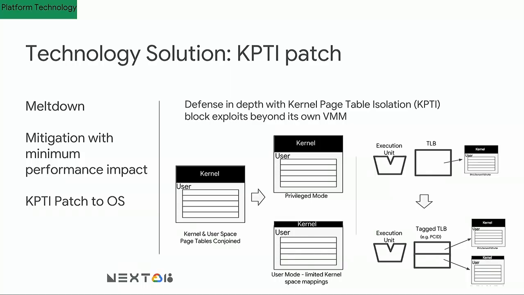So what we had to do is go ahead and take the hit to say, okay, well, we've been doing this single page table strategy in operating systems for decades for performance reasons, right? Because whenever you switch page tables, you have to flush all the past translations, start over from scratch. And if you're switching back and forth between user and kernel, that's really inefficient, really slows things down. But conveniently, a few years back, modern CPUs started to introduce this idea of a tagged TLB.